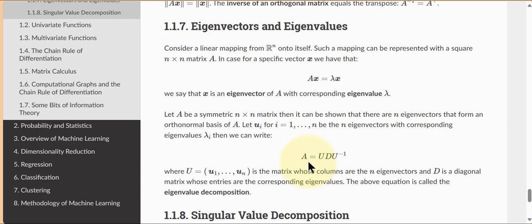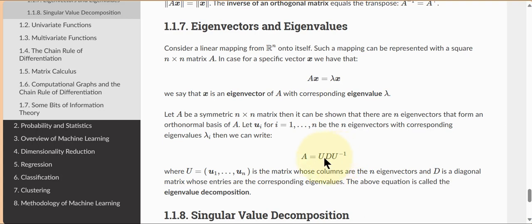Once again, A can be written as U, which is just these eigenvectors put in as the columns, and then D, the eigenvalues down the diagonal, and then U inverse. Well, if we have U, we can get U inverse.